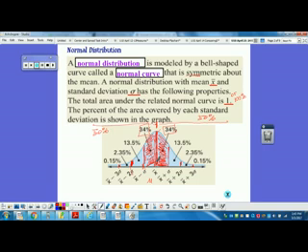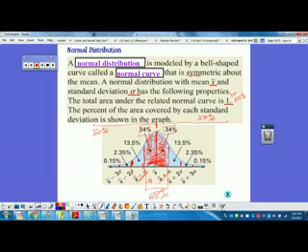So between 1 standard deviation above and 1 below, this total shaded area must be 34 plus 34, or 68% of the data.